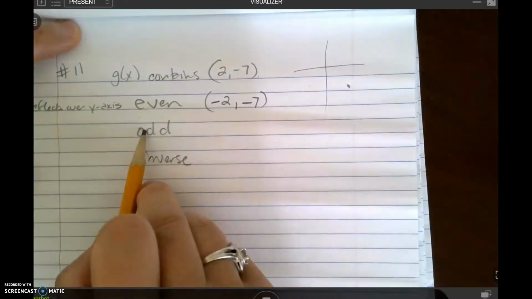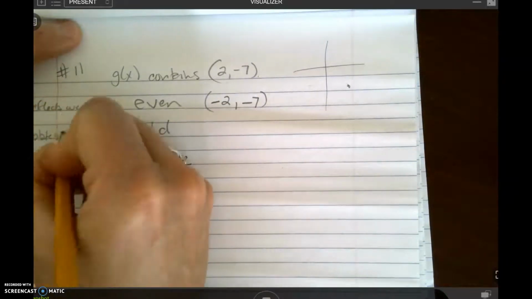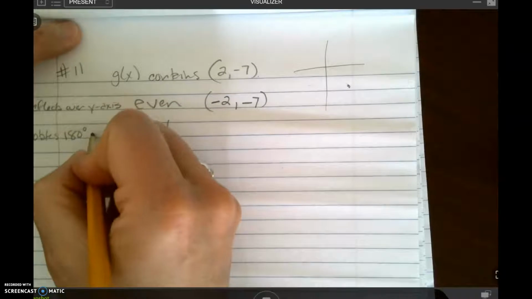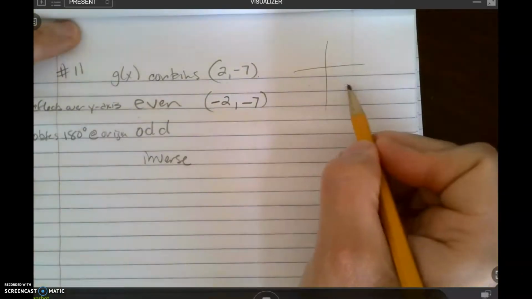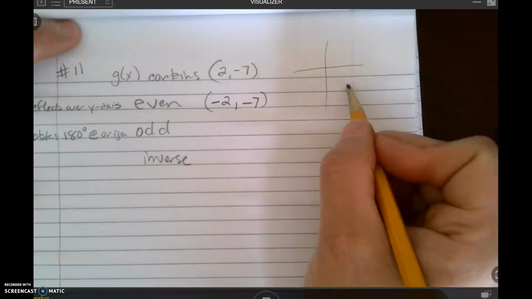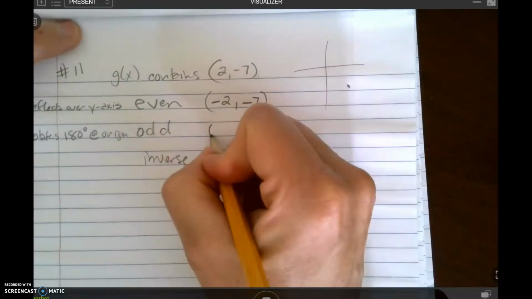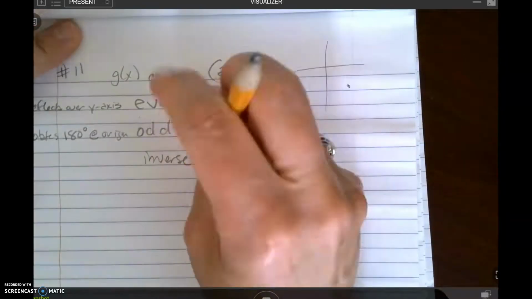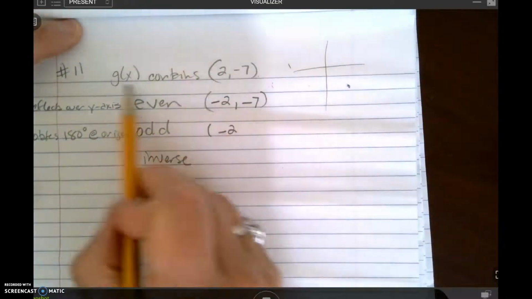If it was odd, it rotates 180 degrees about the origin. So when it rotates over to here, what happens is both x and y change. So it becomes negative 2, because we're always looking at the original.